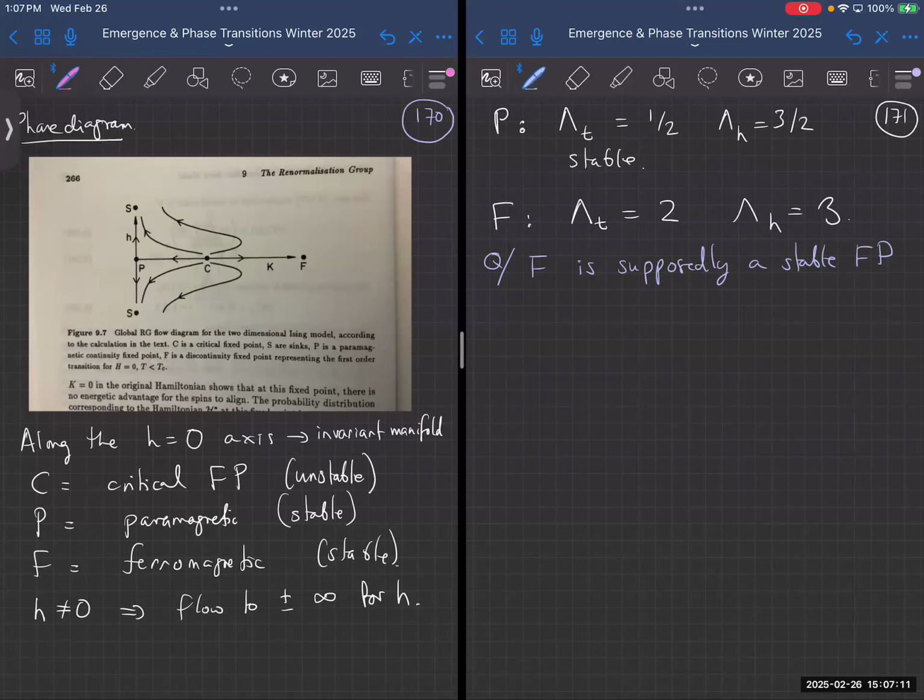It's got nowhere else to go except the ferromagnetic fixed point at infinity. If it was a stable fixed point, then you would expect lambda t to be less than 1, but it's not, it's 2.